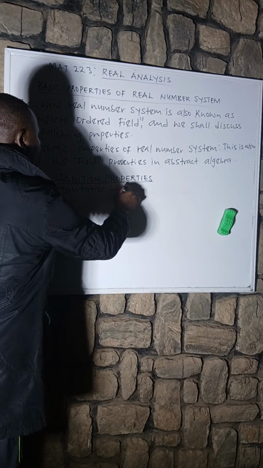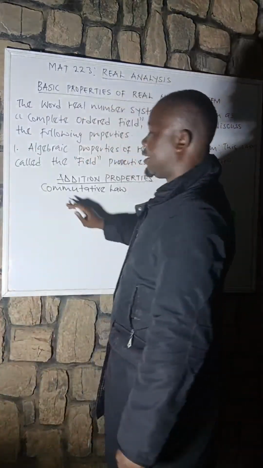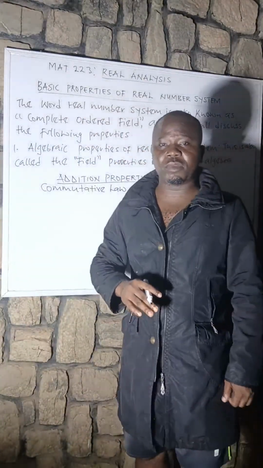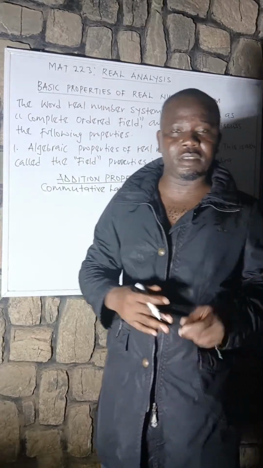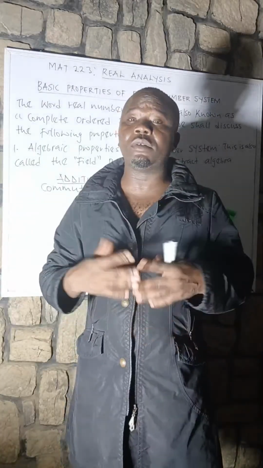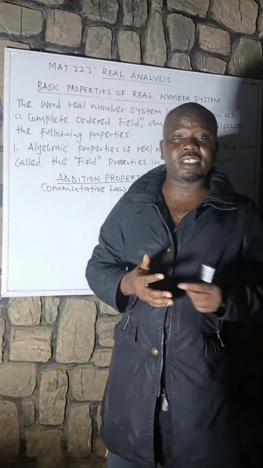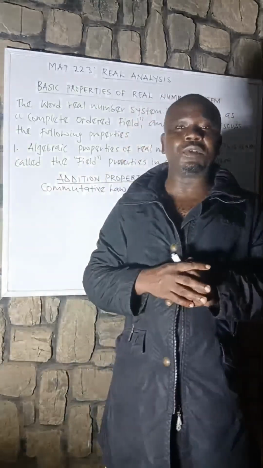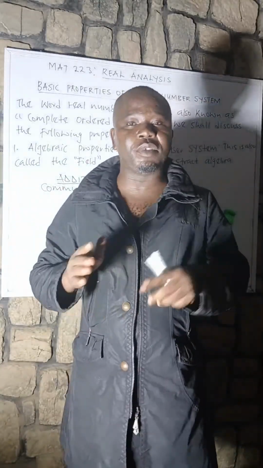Before I write anything, let me just briefly explain what commutative law is all about. It's something we have been applying in real life, but unknown to us. But as mathematicians, we all know that we apply commutative law.